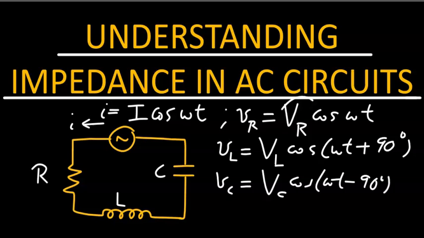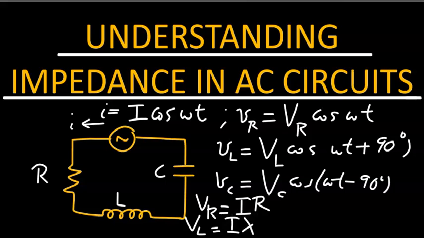We can write the capital V's in terms of the electric current amplitude as follows. V sub R is the electric current amplitude times the resistance of the resistor. V sub L is the electric current amplitude times the inductive reactance of that inductor.